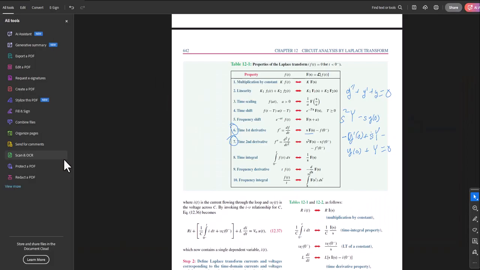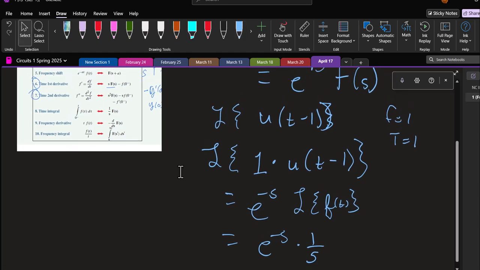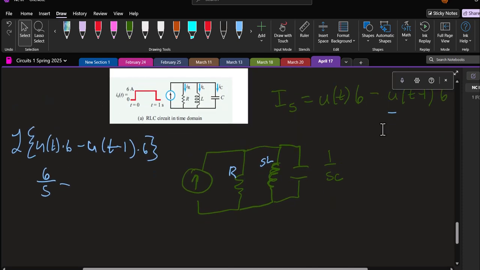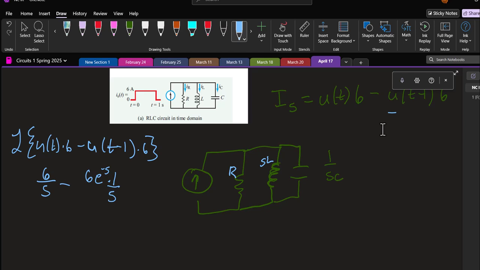So this is going to be 6 e to the minus s times 1 over s.